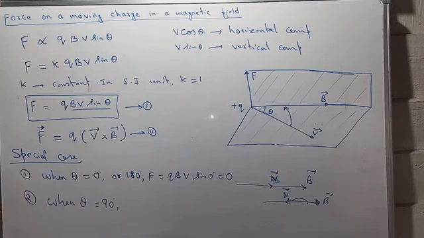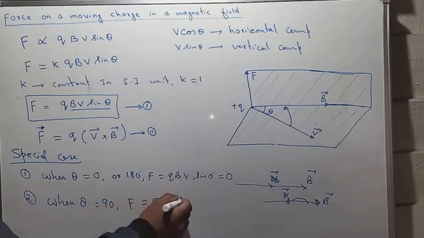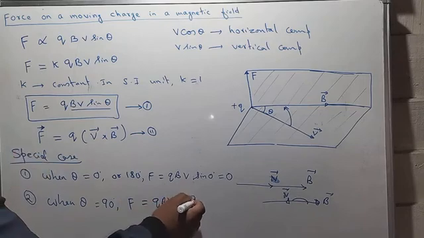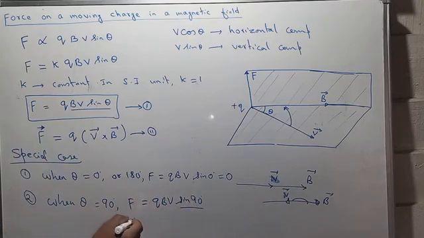When theta is equal to 90 degree, your equation 1, F equals QBV sine 90 degree. And you know sine 90 is 1, so 1 times this will be QBV. And since this force is non-zero, I say this force is maximum.